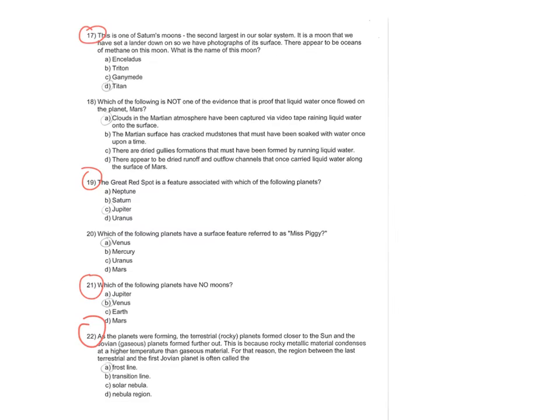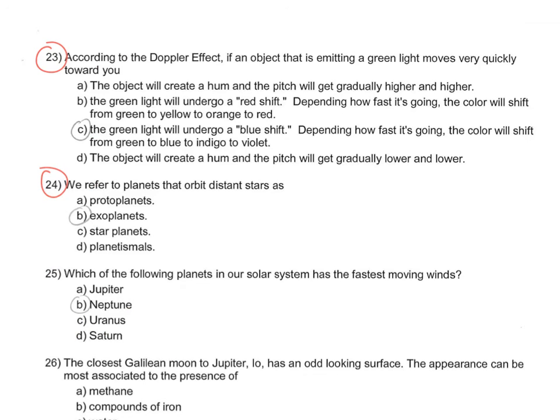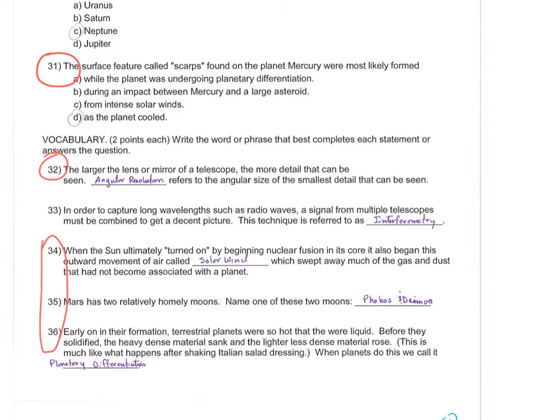And then on the next page, questions 17, 19, 21, and 22. Those are all possible. Now on the next page, we have questions 23 and 24. Then finish up multiple choice. Actually, I have 29, 30, or 31 might be on there.